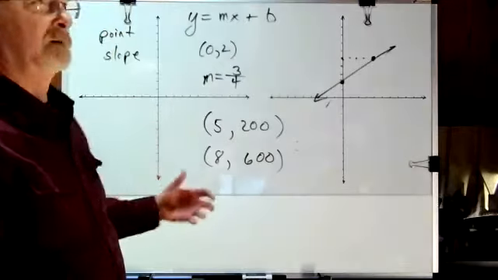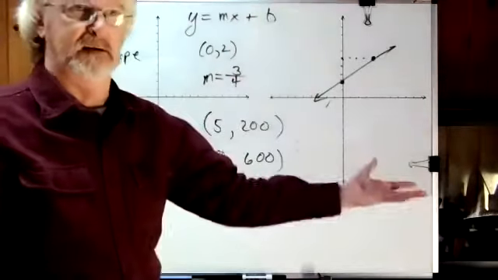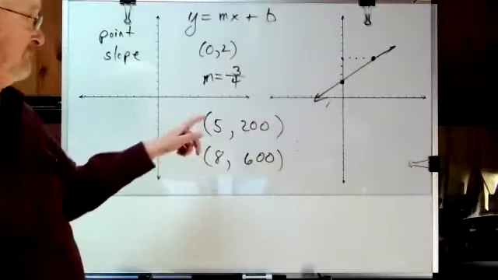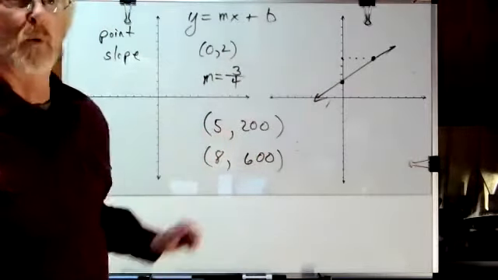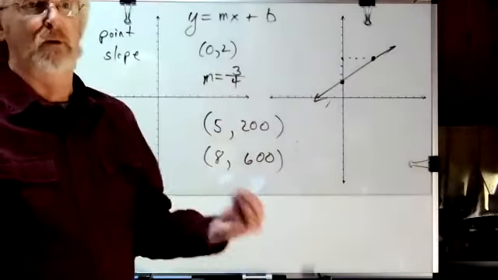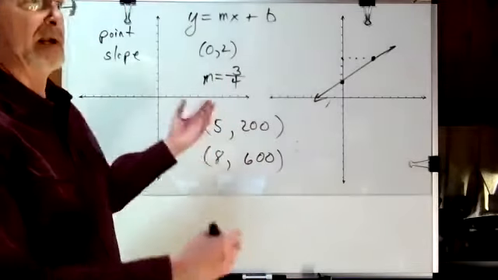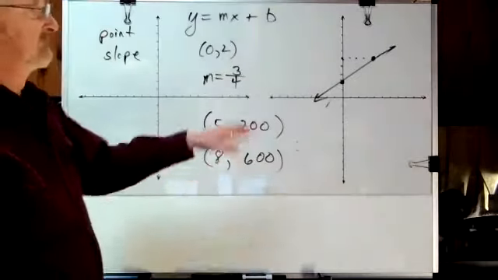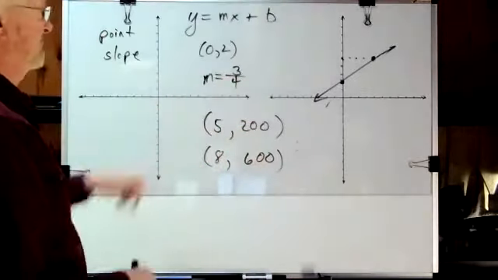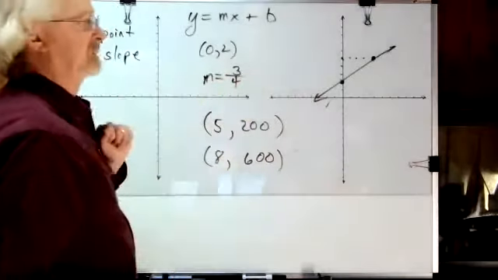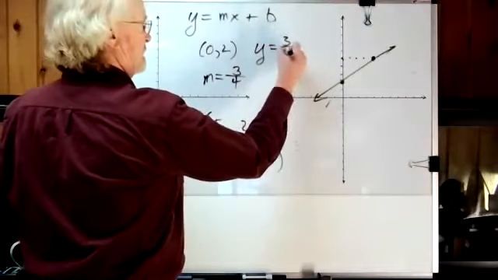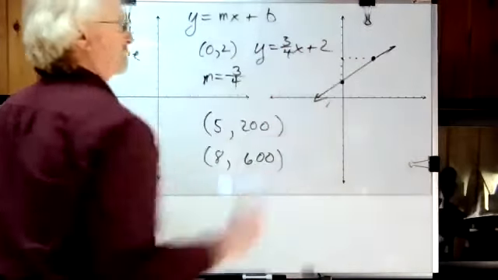Well, for this quantity, you get that total. For this quantity, you get that total. That's really a way to tell you two different x's and y's, two different points. Now I'd have to calculate the slope and solve for b. So I kind of went off on a tangent there, but here, from my graph, I know the slope and the y-intercept, and I could say, oh, this one's 3/4 x plus 2.